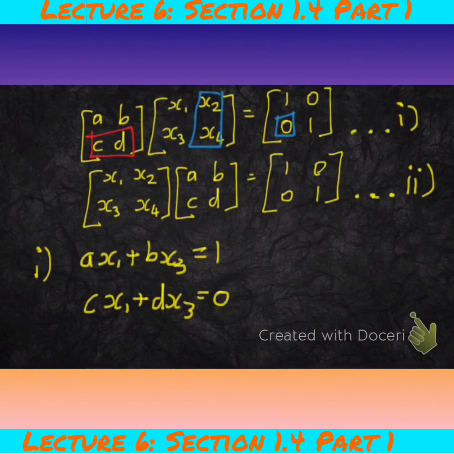Then I need to look at the second column, and we're going to get that entry there. We're going to take the first row and dot that and get AX2 plus BX4 is going to be equal to 0.